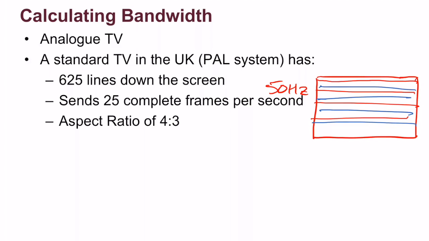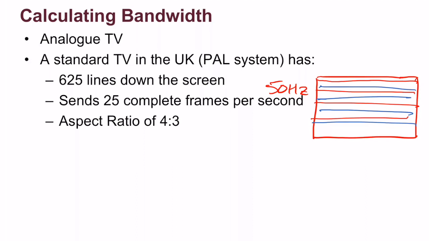It actually sends a complete screen every 25, but at a 50 rate it sends half the screen, only every other line. And the gaps between the lines are usually too small for the eye to detect. So it looks like the whole screen is being updated at 50 frames a second, whereas actually it's only being updated at 25. We also have an aspect ratio of 4:3.